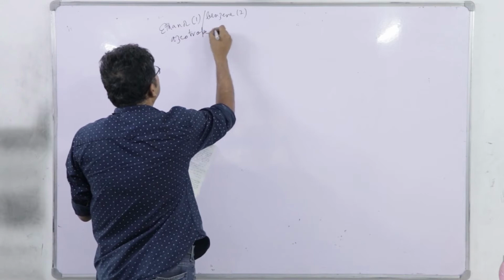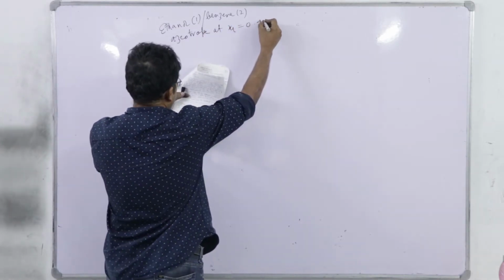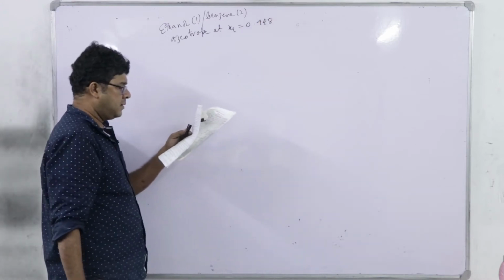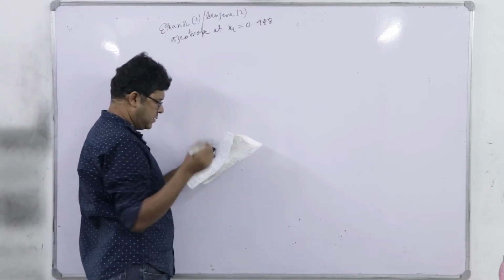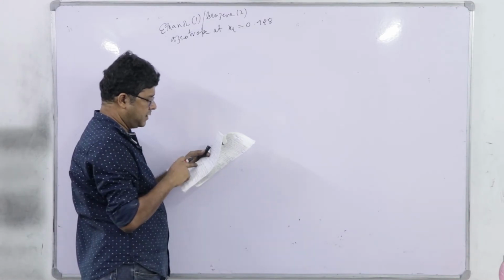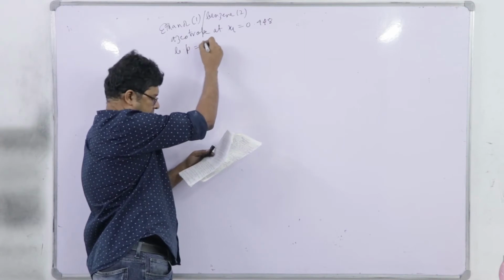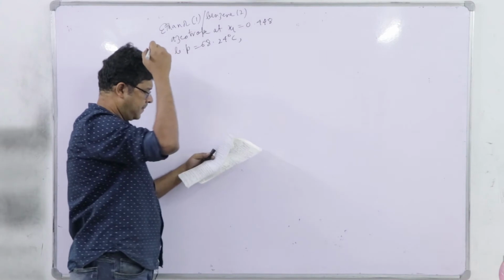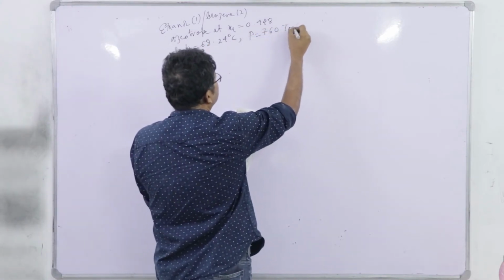Azeotrope at x1 equal to 0.448, with a boiling point of 68.24 degrees Celsius and pressure equal to 760 torr.